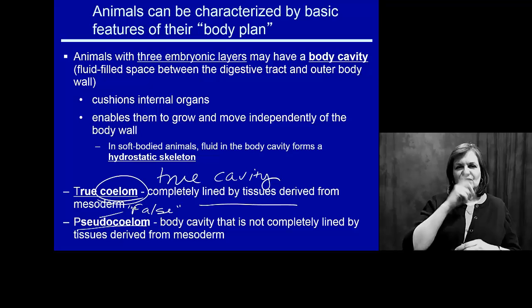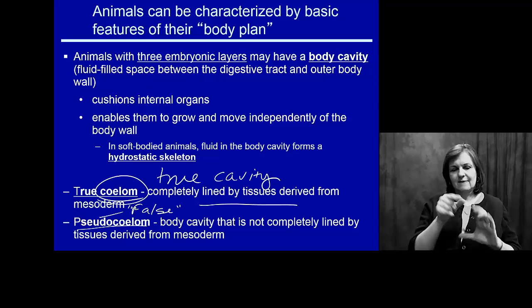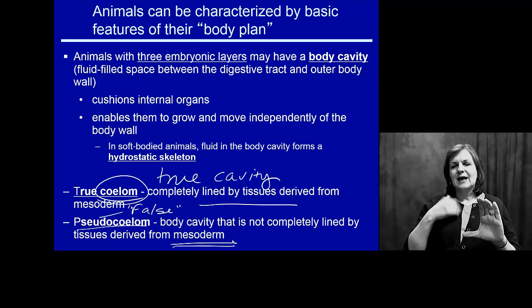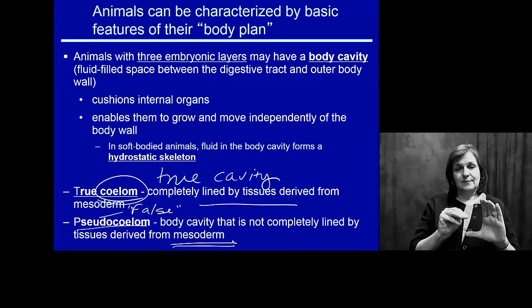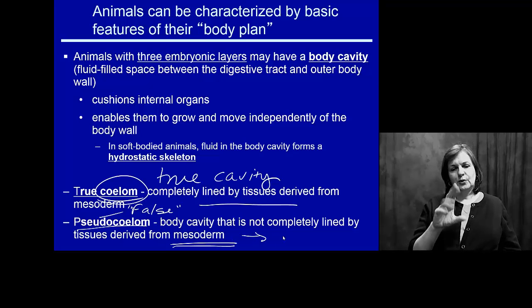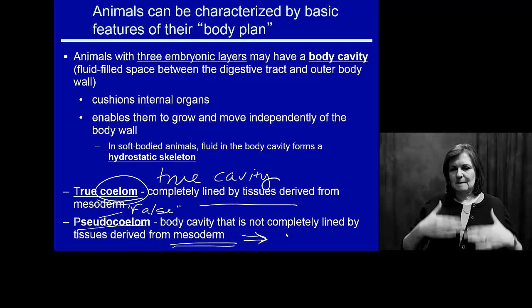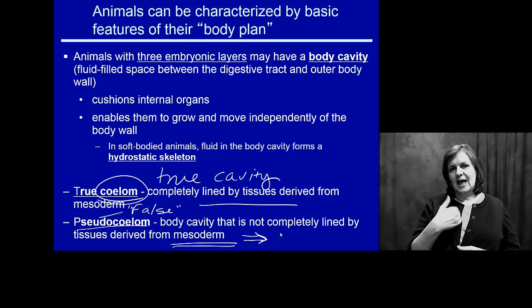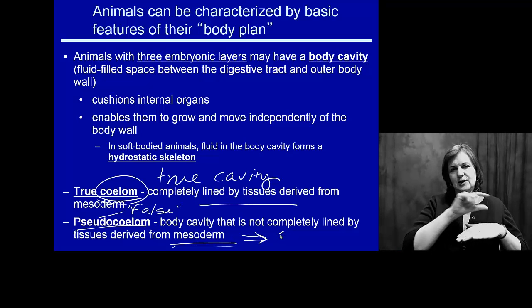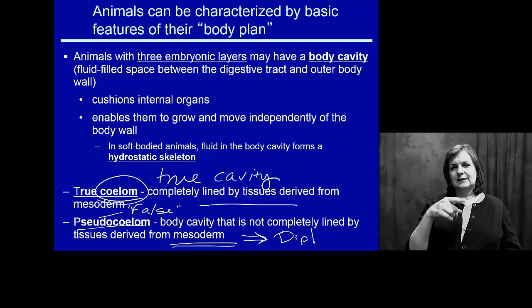So this is a body cavity that's not going to be lined. In particular, it's not going to be lined with mesoderm. So when we look at these pseudocoelomates, a group of organisms with this false body cavity, we'll look at them as only having 2 body layers or being diploblasts.